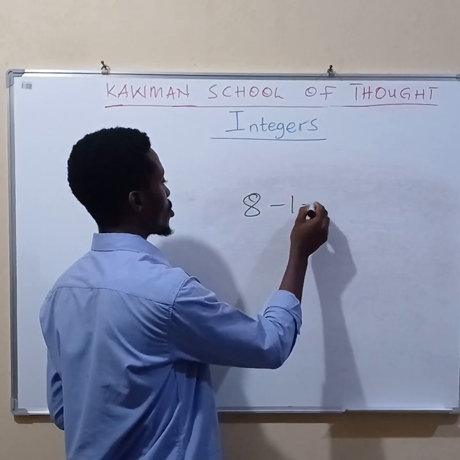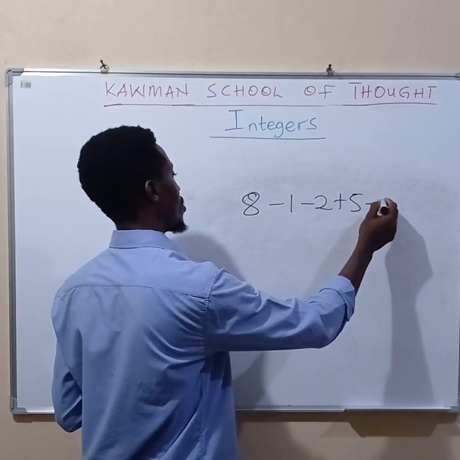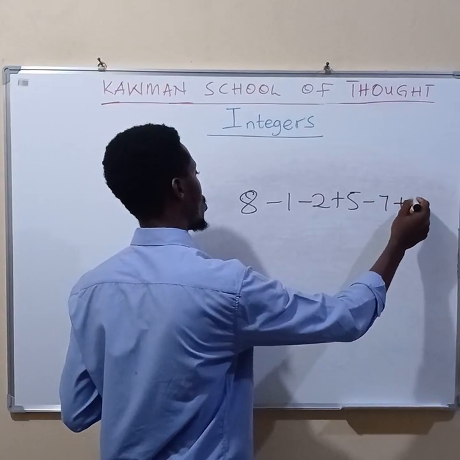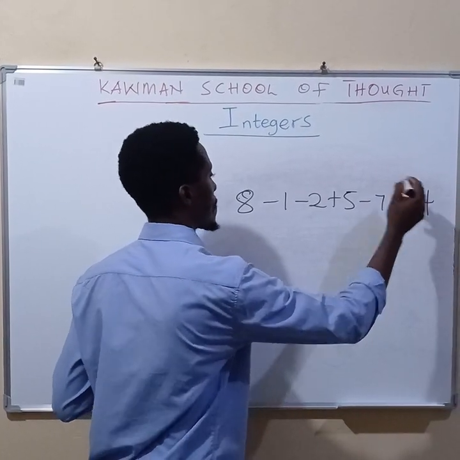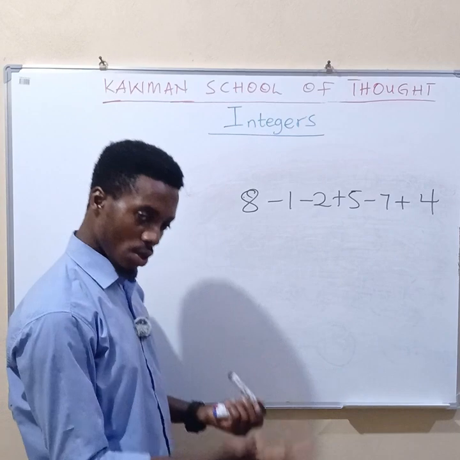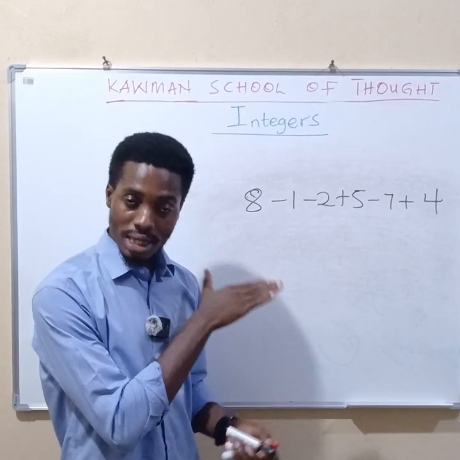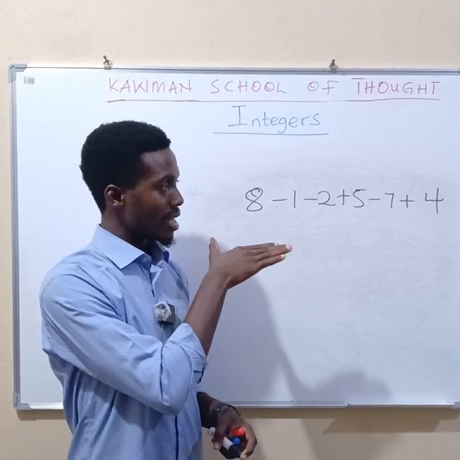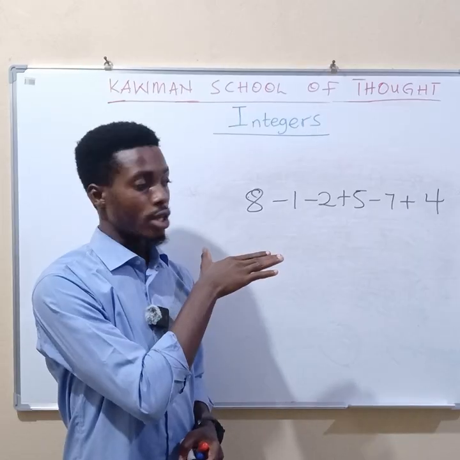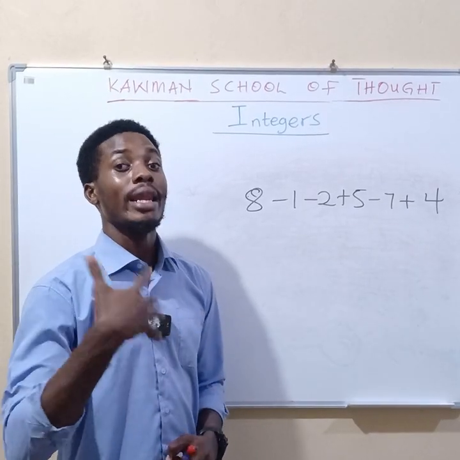8 minus 1 minus 2 plus 5 minus 7 plus 4. Let's solve this one too. Still grouping positive numbers, and you can pause the video to give the answer to this one as well, to know if you are actually learning.